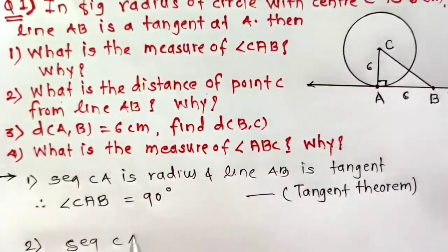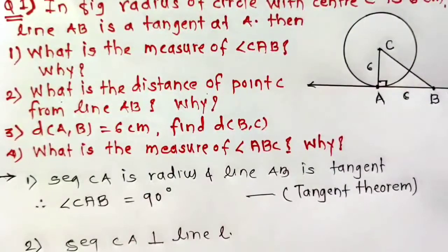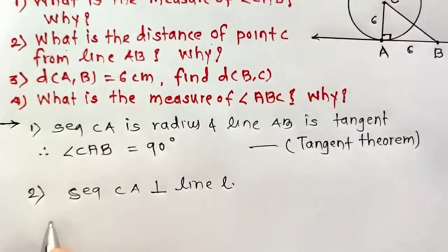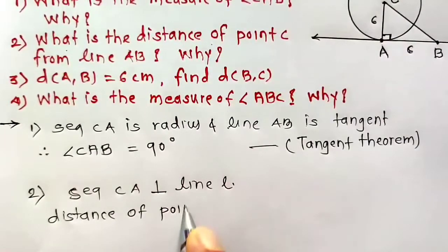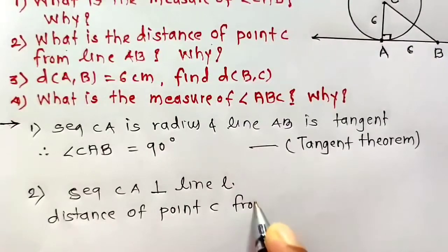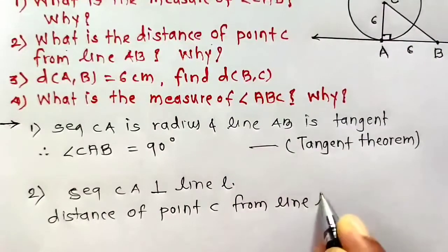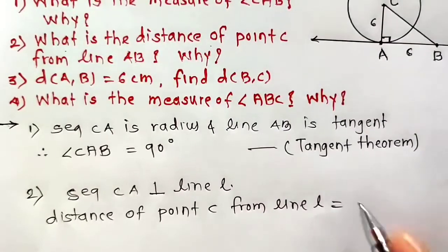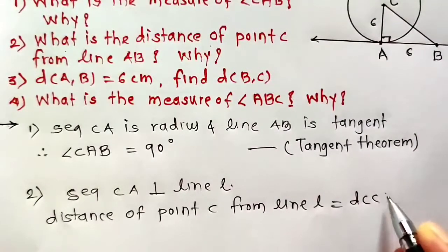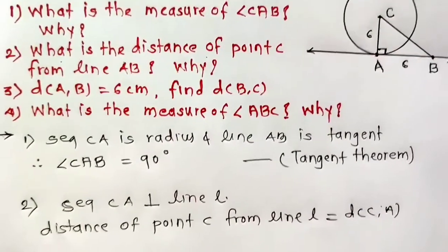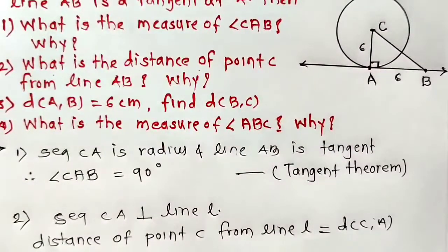Segment CA is perpendicular to line L. The distance of point C from line L is nothing but the length CA, because CA is the perpendicular. The length of the perpendicular is called the distance of that line from the point.